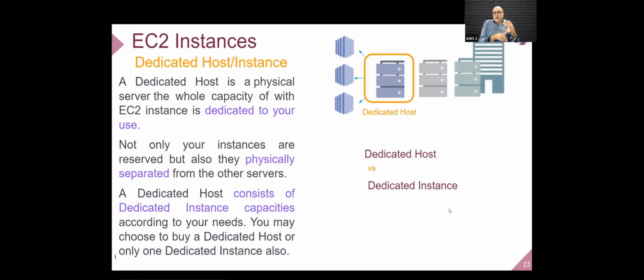For example, Oracle and certain types of software licenses charge you based on the number of hosts or the number of CPUs that you have in a host, and you have to always be running on the same CPUs. You can't change CPUs, otherwise the pricing changes. So a lot of people running those types of software opt for dedicated hosts so they can stay in compliance with their licensing.